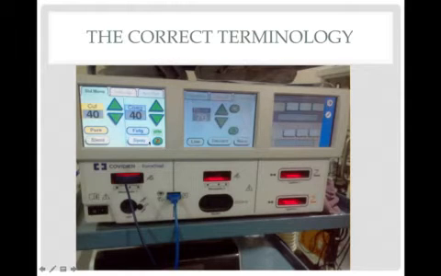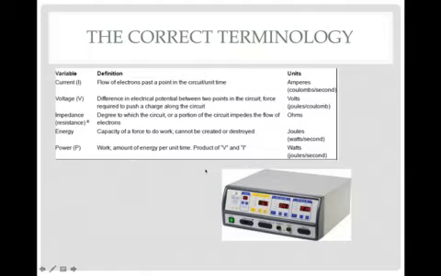And we have these devices that we're all familiar with, and you can see that we have the cut current, coagulation current, and then overall 4 different types of current. So it's really important to know the correct terminology, especially when we are asking people to adjust the energy devices for us.